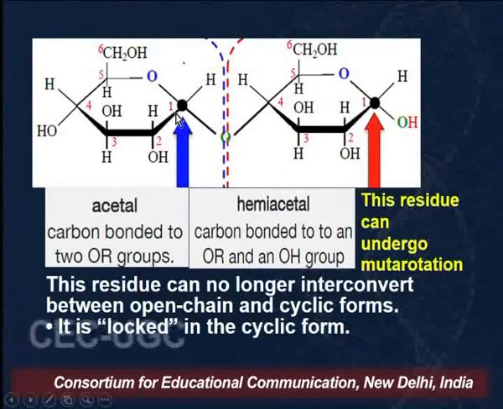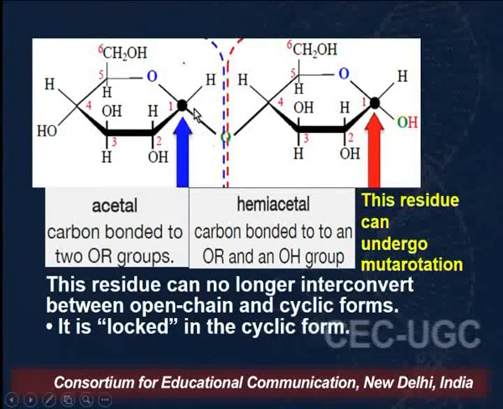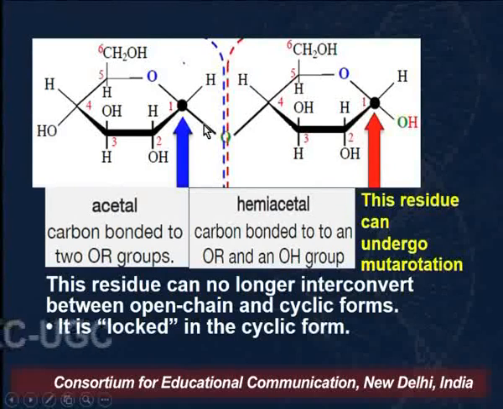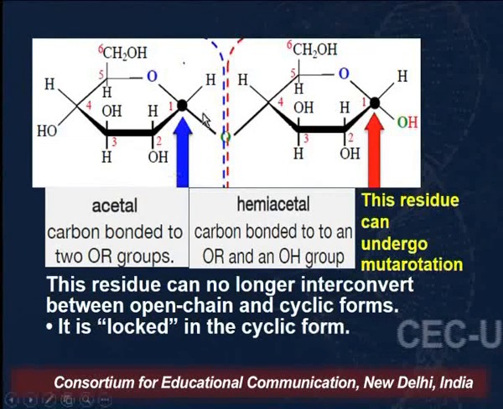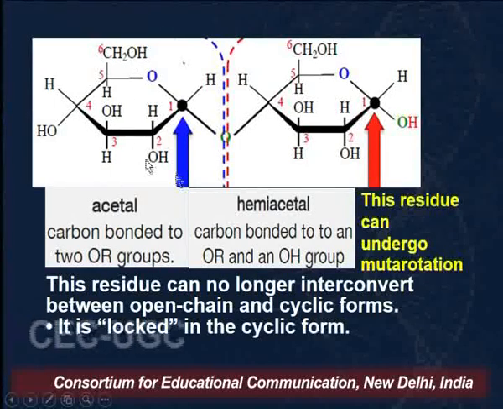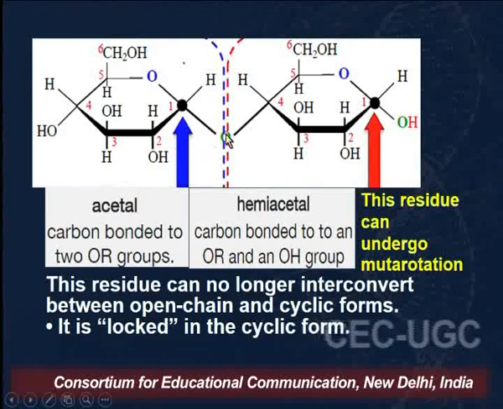And since it is attached to two ether groups, that means this residue is locked here. Keep in mind, it is locked. So even if we try to rotate this bond, it will not rotate. At this point, molecule will not open up, and therefore this unit will not act as a reducing agent, neither will it show the phenomena of mutarotation.